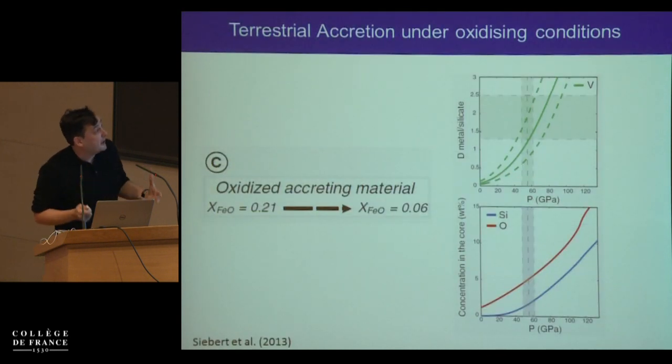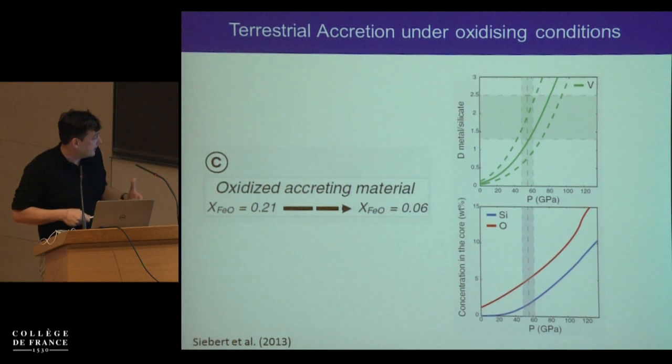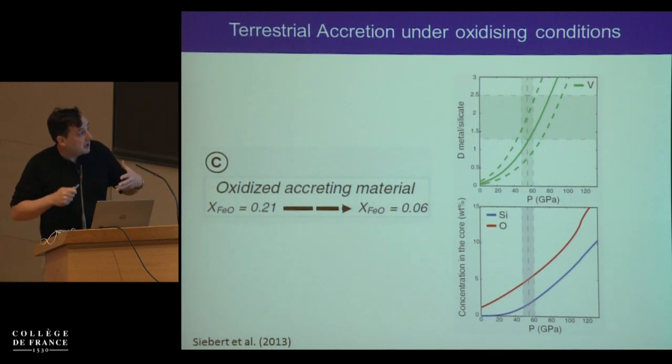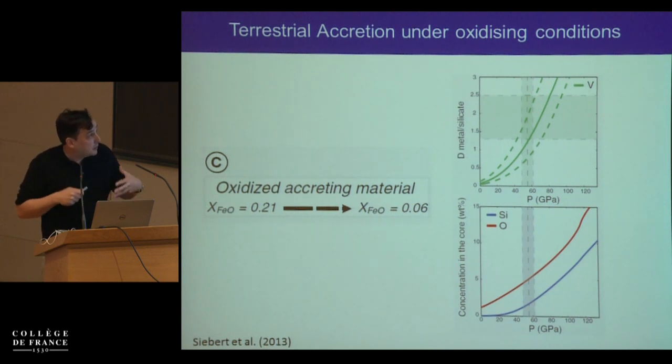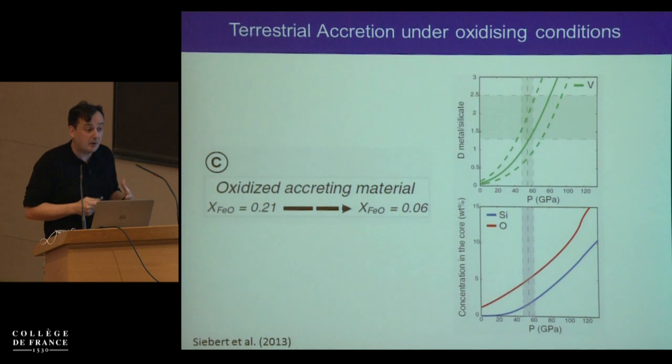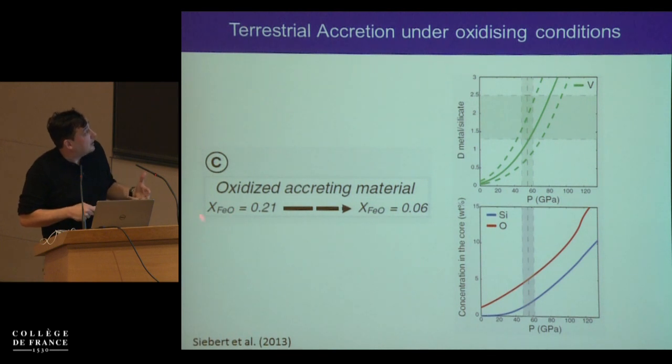And then just to make sure we get a good balance here, last year, Siebert and co-workers came up with a similar but opposite idea. So they argued that you could explain the mantle abundances of all these siderophile elements if you actually started off with a more oxidizing material to begin with, and you got more reduced with time. And they argued that this results from oxygen dissolving into the Earth's core, which then changes the oxygen fugacity of the process.